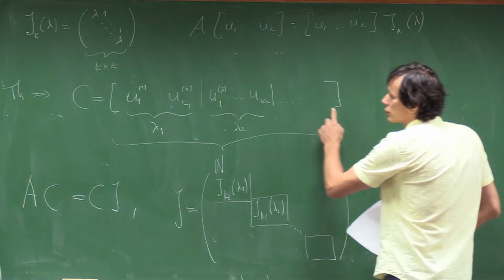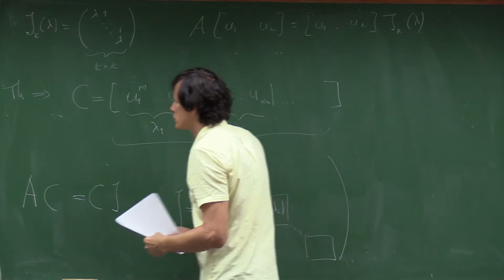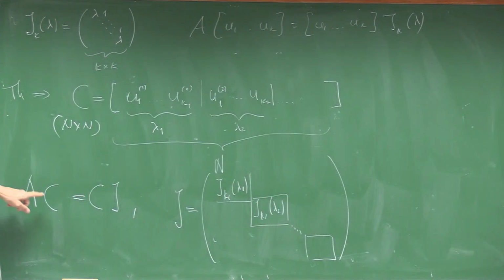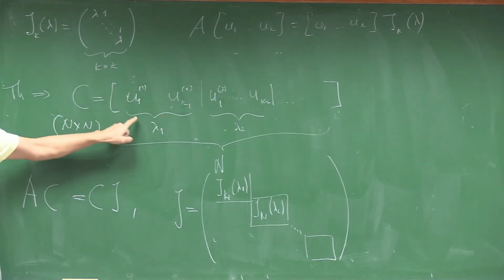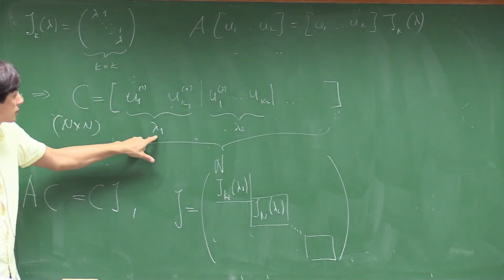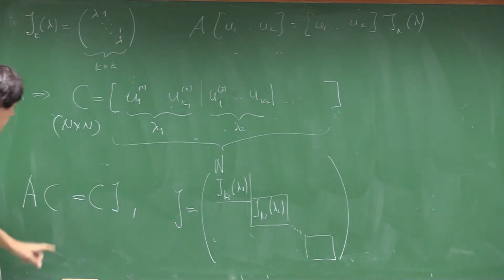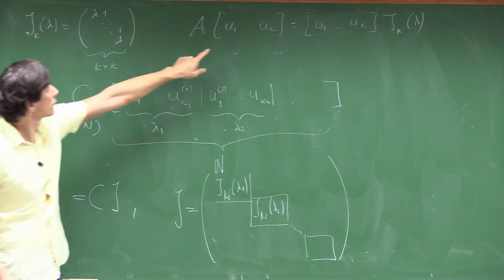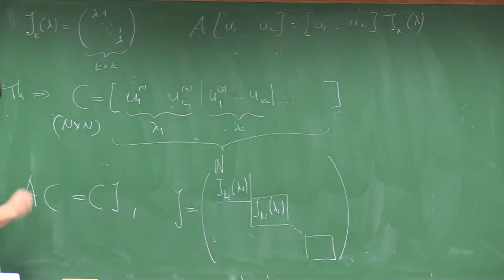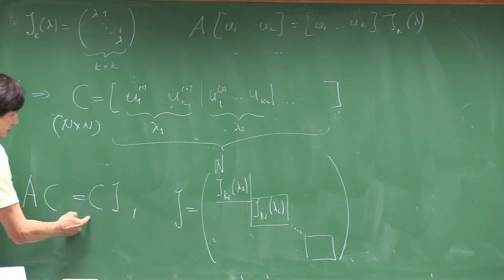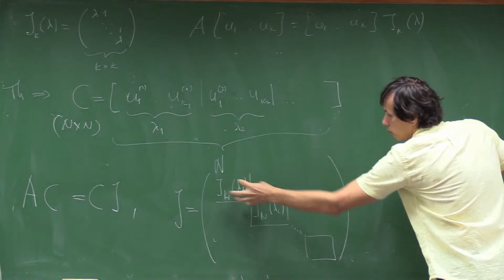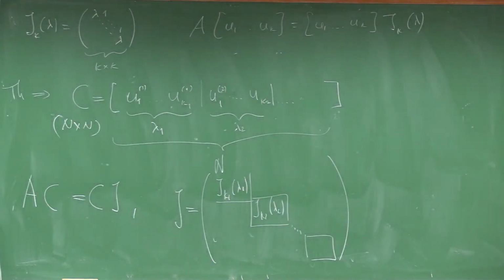So you can form generalized eigenvectors in the matrix C, which is n by n. And since each sequence is a Jordan chain, it has a corresponding eigenvalue. For this matrix, this equation takes this form: AC equals CJ, where J is this block diagonal matrix with Jordan chains.